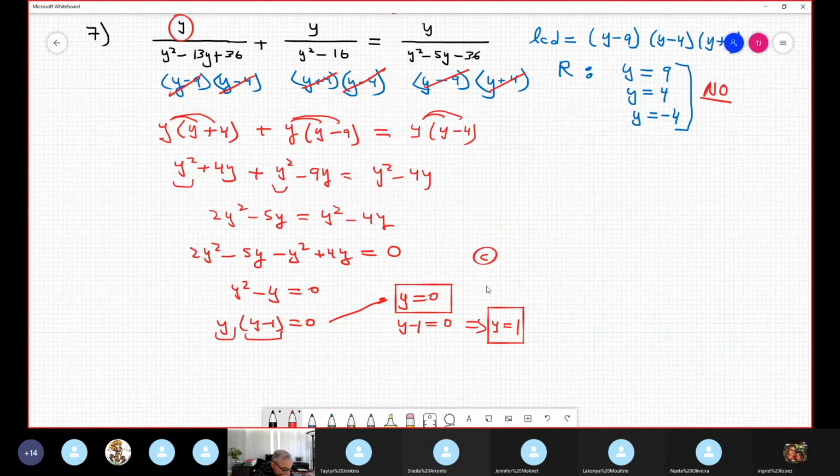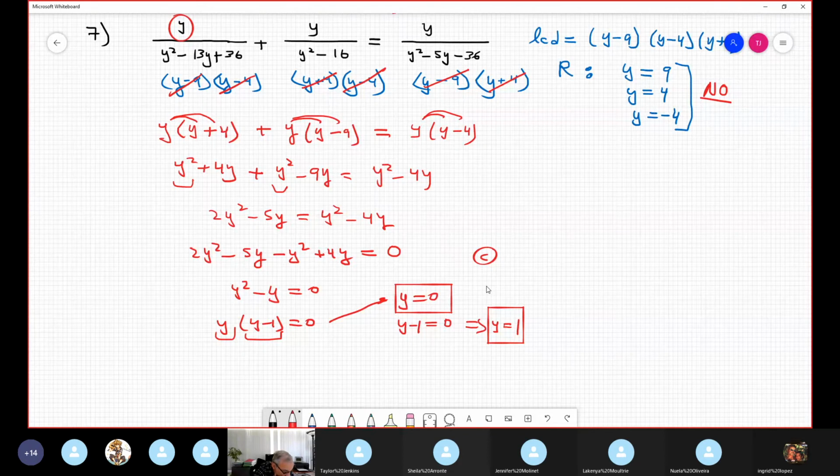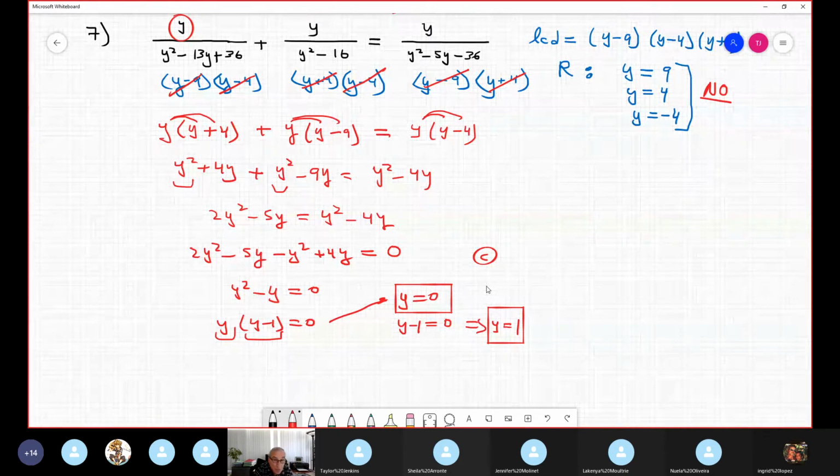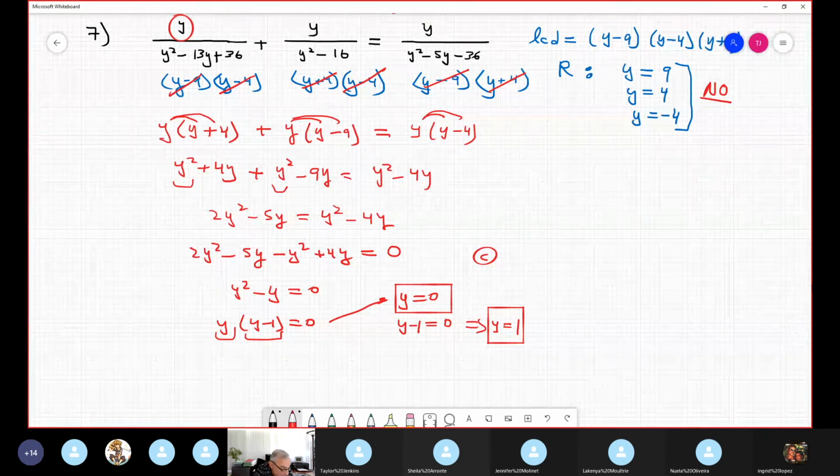Okay, so we skip number 8 because it's the same routine. Yeah, I propose you go to the 10. So I skip 8 and 9. Go to the 10. I suppose in 10 we have a problem with the restrictions. How do you know that?